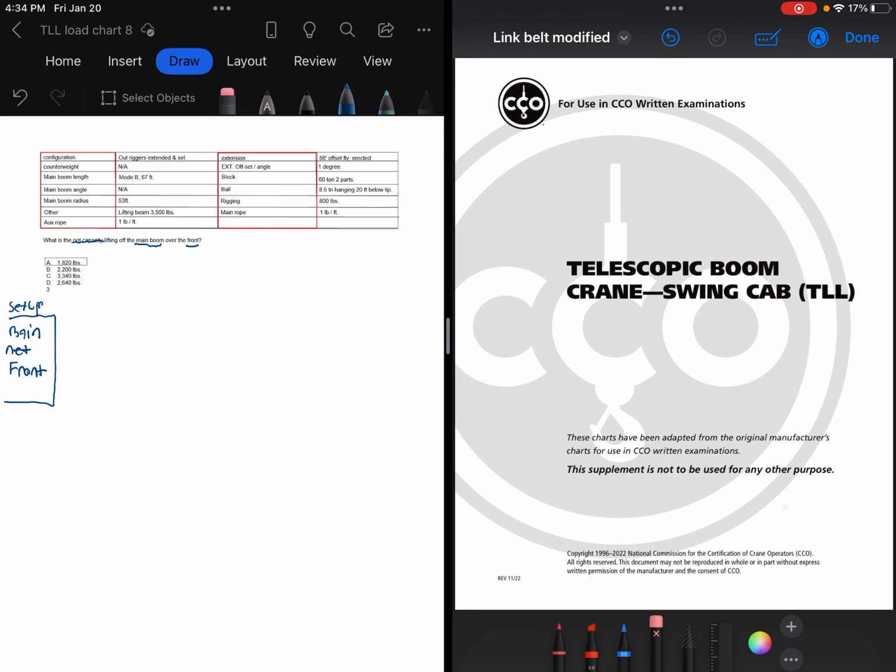Now we're going to draw our diagram like we have been doing. I better put that in a little bit different spot. Let's put it up here.